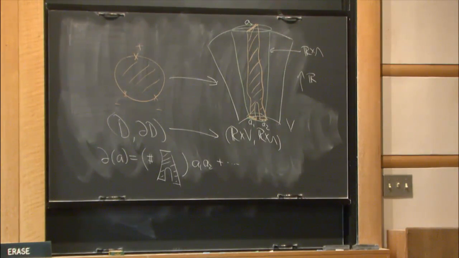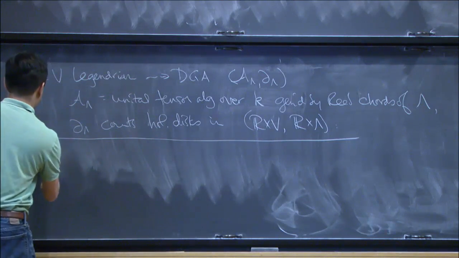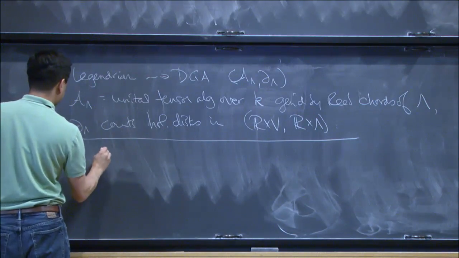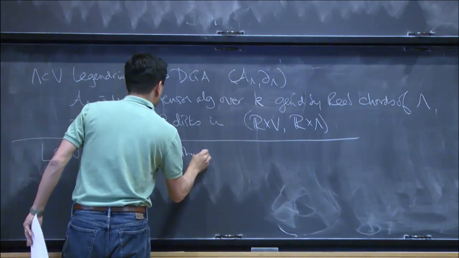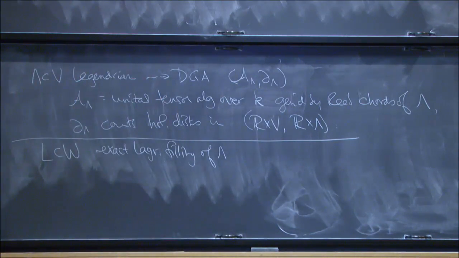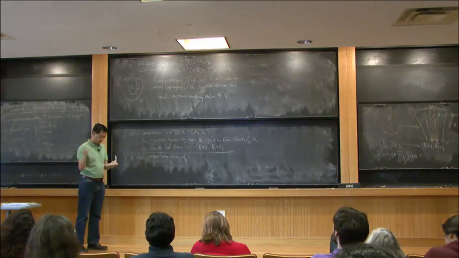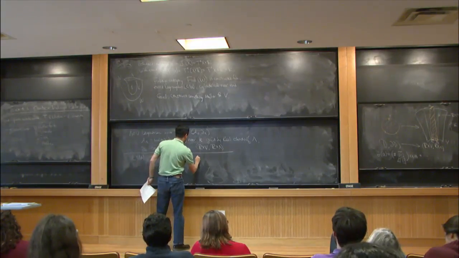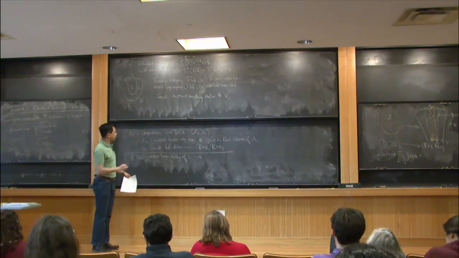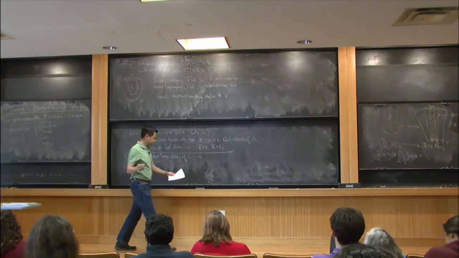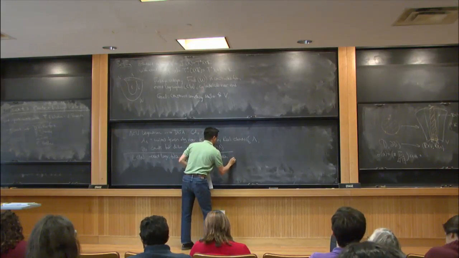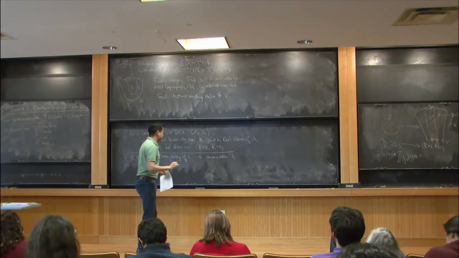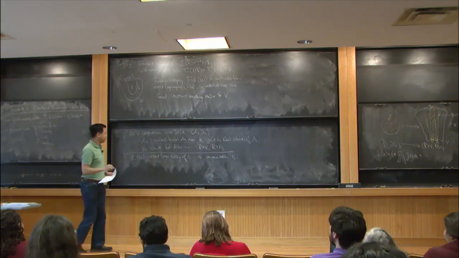I think this you all know. So now let's suppose that we have an exact Lagrangian filling embedded of lambda. So this is exactly the picture that I drew up there. So out of this we get some sort of algebraic object on the DGA, and what it is, it's an augmentation, right? So you get an augmentation, and now I've used both of the terms in the title of this conference, so I feel pretty good.